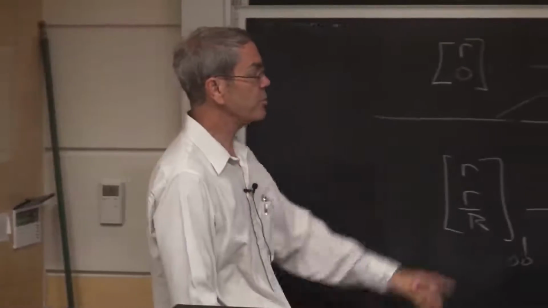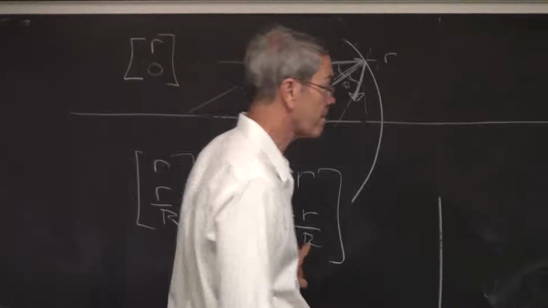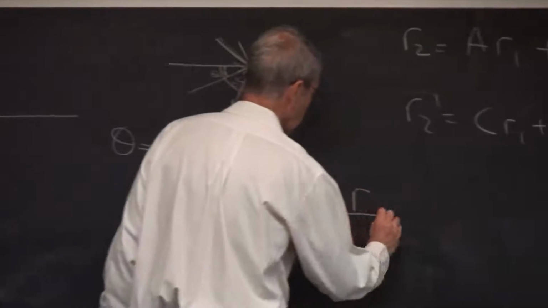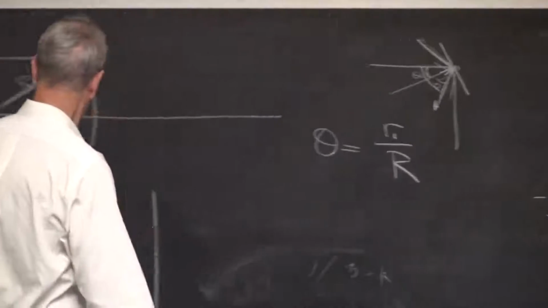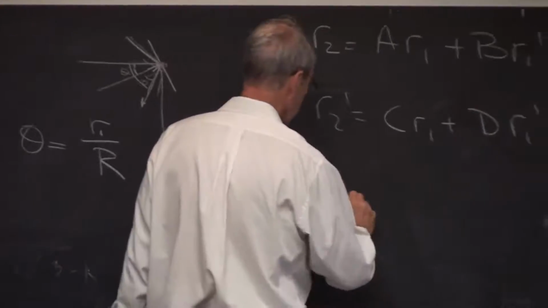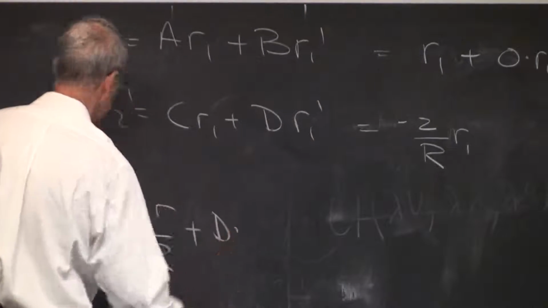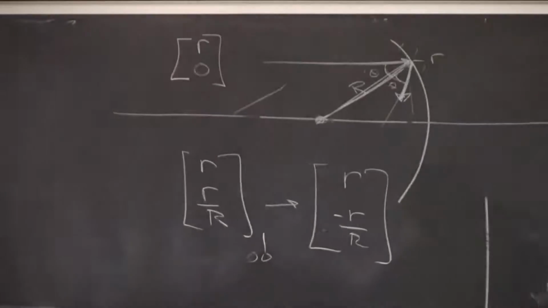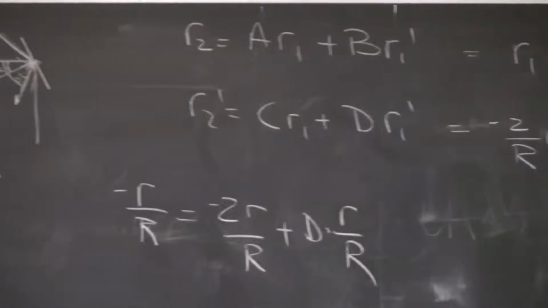And now all I have to do is fit it to that equation. Since we know A, B, and C, we can just plug this in. So I know that R2 prime is going to be negative R over capital R. That's equal to C, which is minus 2 over capital R times R, plus D times my input slope, which is R over capital R. Okay, one equation, one unknown.